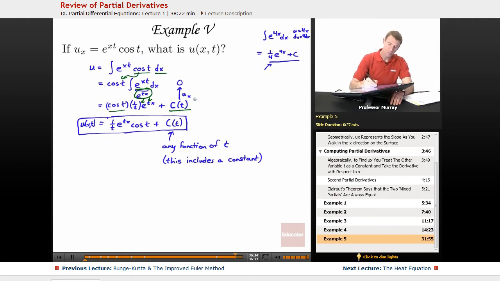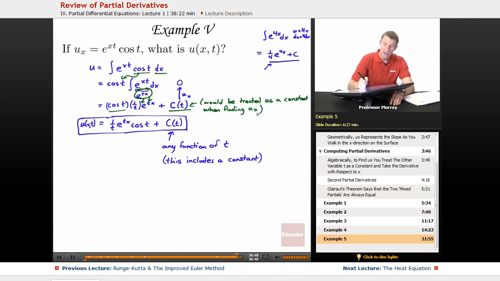So this would be treated as a constant when taking the derivative with respect to x, when finding u sub x.